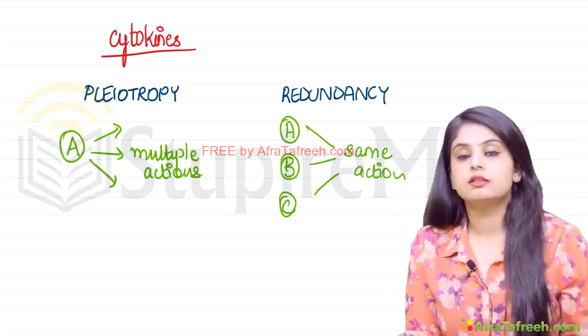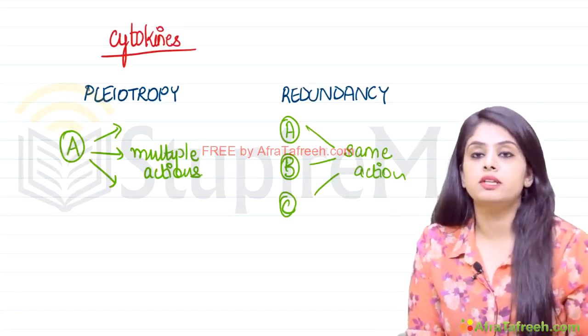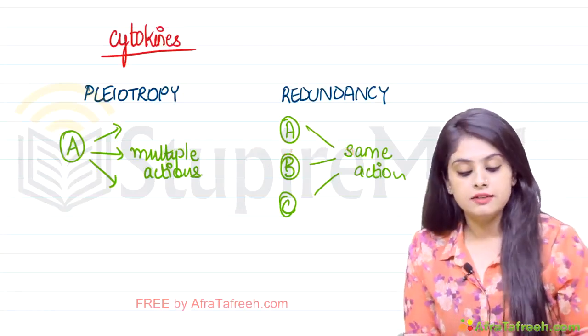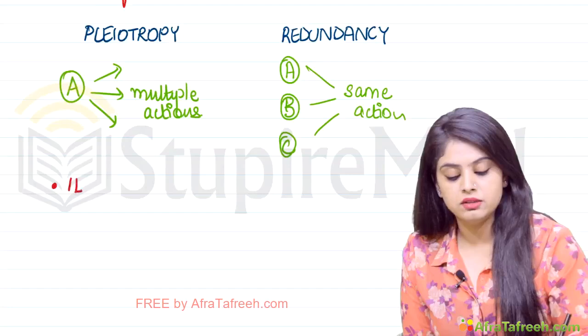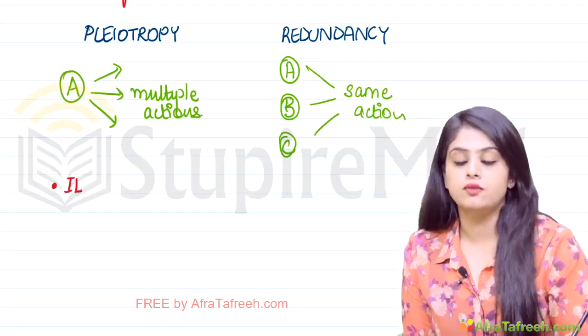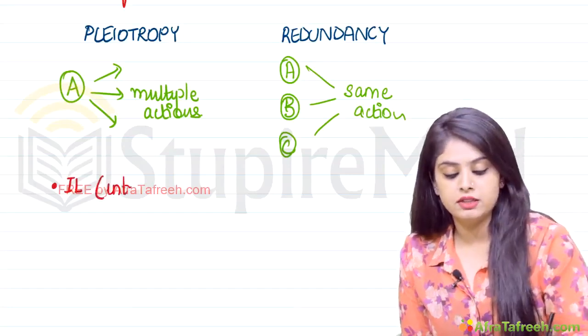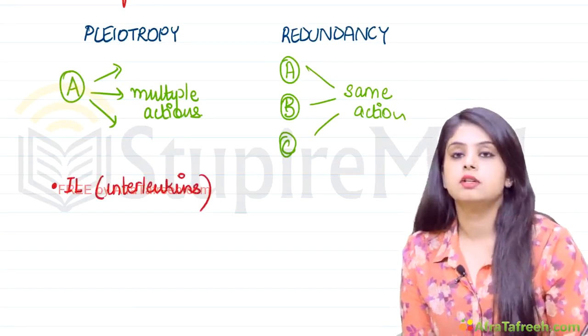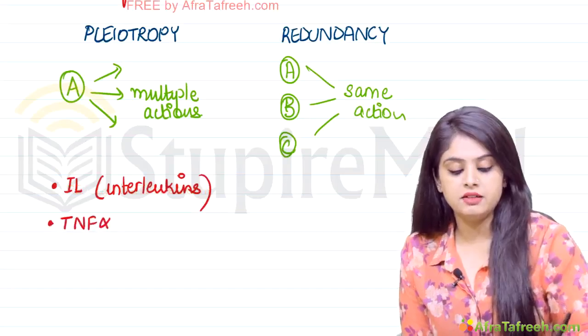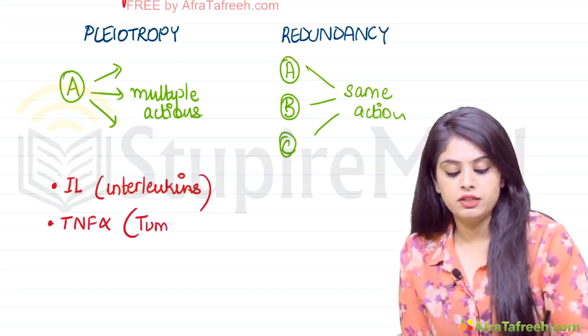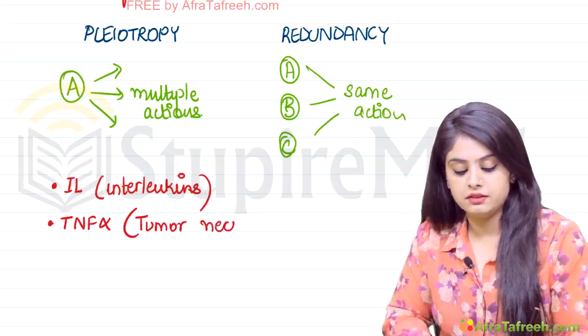Now, what are the categories of cytokines that we are going to deal with? The first set of cytokines that we have is interleukins, abbreviated IL. The second that we need to know is TNF alpha, that is tumor necrosis factor alpha.